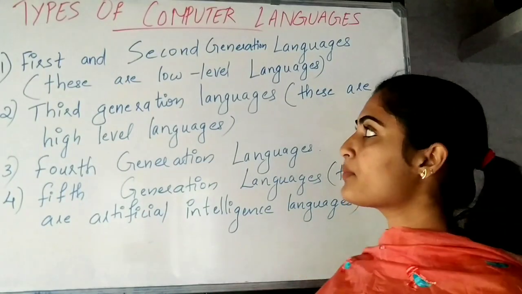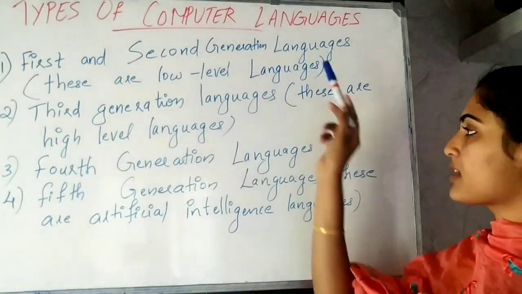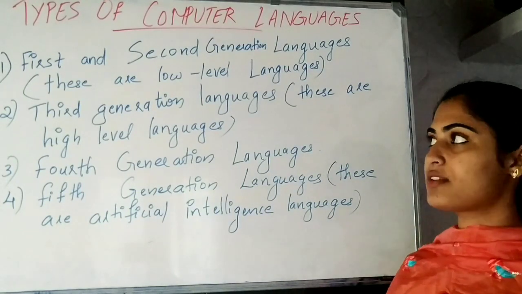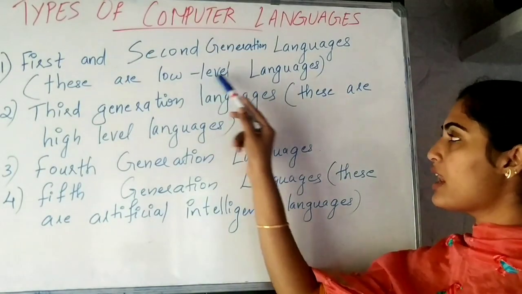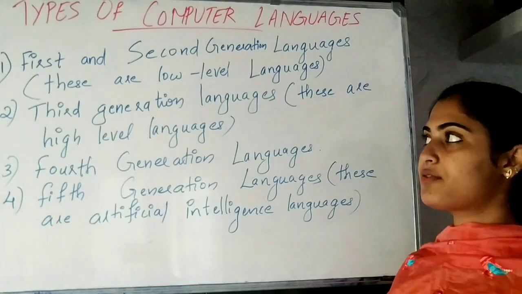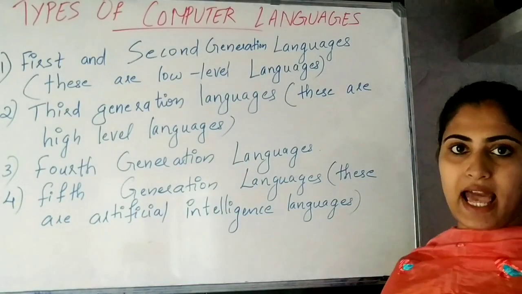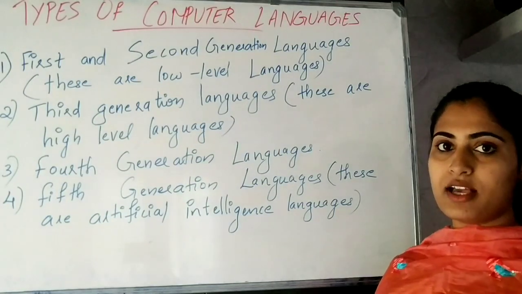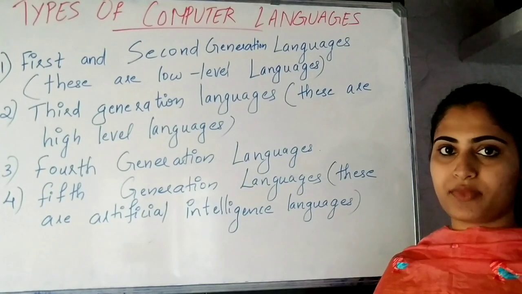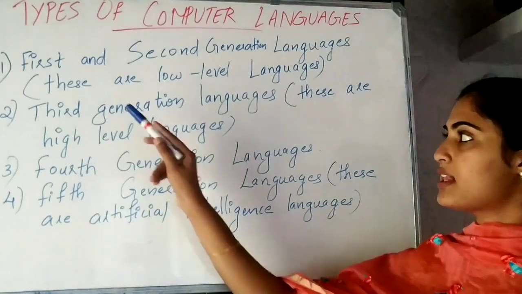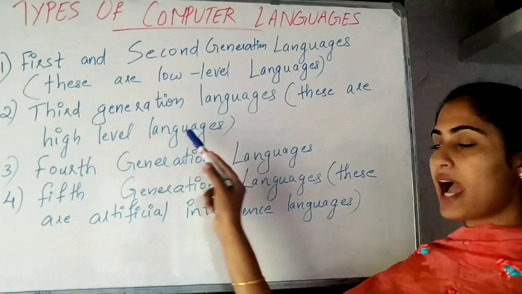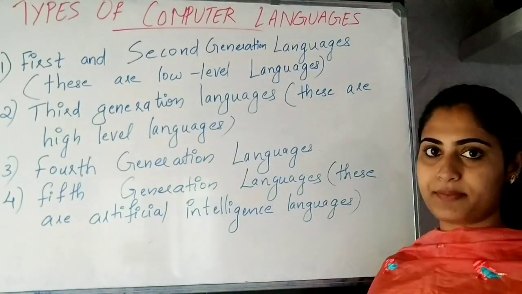First one is first and second generation languages. The other name for this is low level languages. Second language is third generation languages. These are said to be the high level languages.